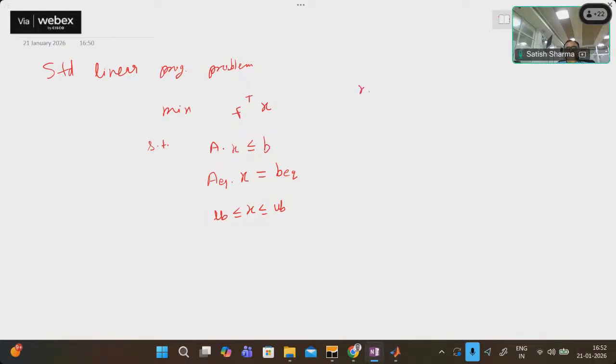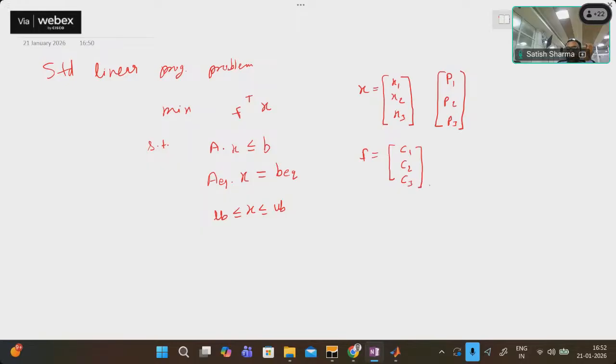Let's say X is defined as a vector where multiple variables x1, x2, x3 are given. For our particular problem, we can say this is equal to p1, p2, p3. Whatever the name, it does not matter; X is a standard variable. In that case, f will be the cost coefficients, let's say c1, c2, and c3.